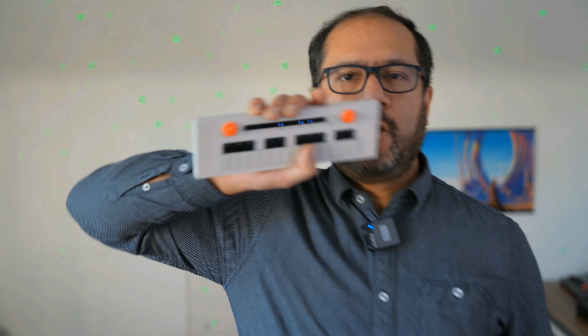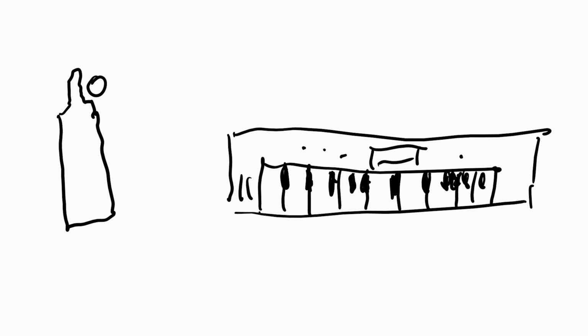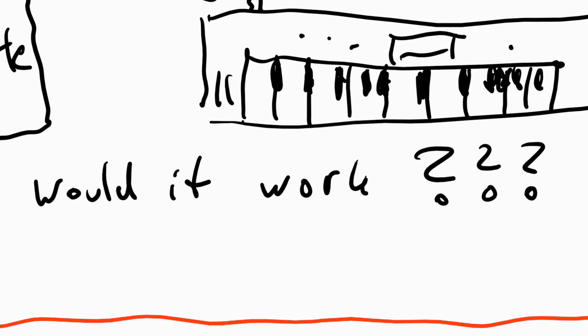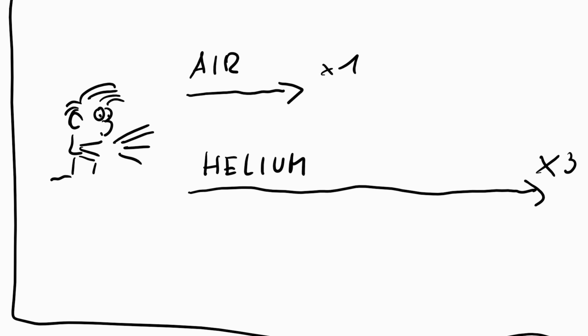Here we go. So one of you suggested that there's a small helium valve inside the samplers, and depending on the note you play, more or less helium gets injected into the system, thus changing the pitch of the sound. But would that really work? Well, to understand that, we have to take a look at physics. In helium, sound travels roughly 3 times faster than in normal air.